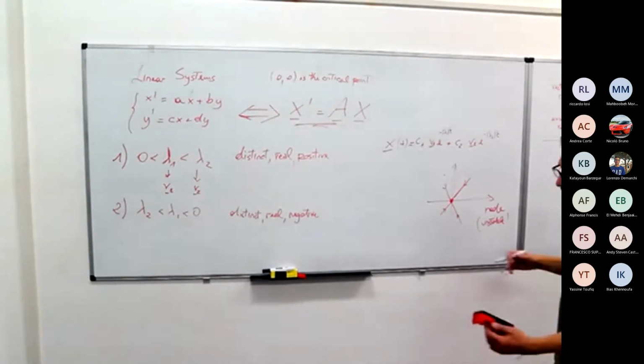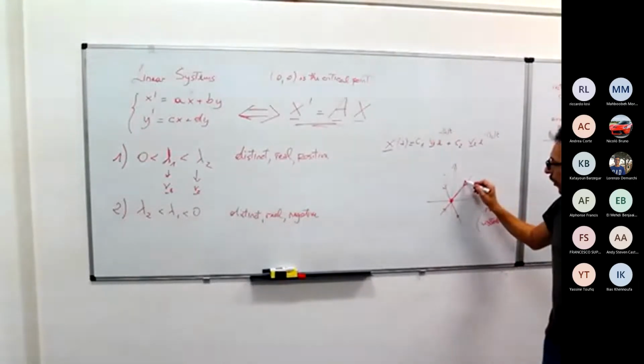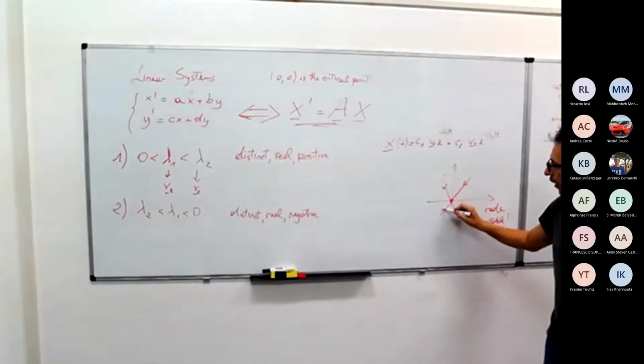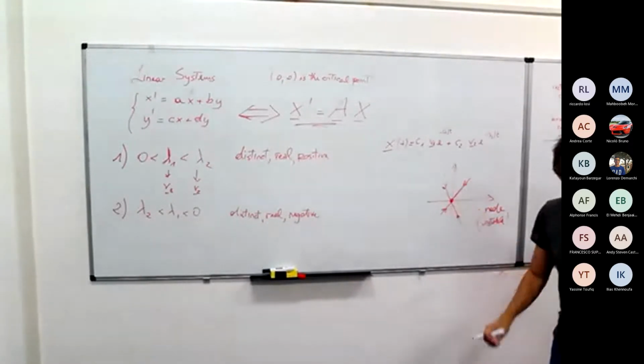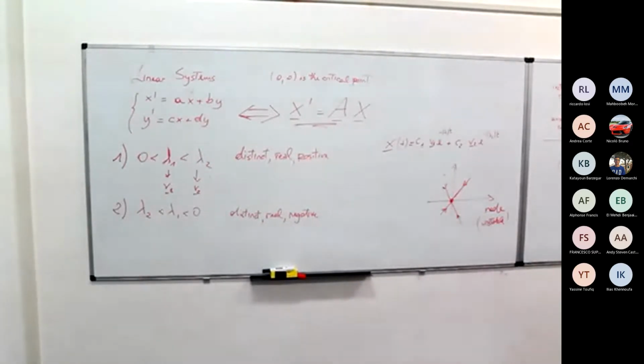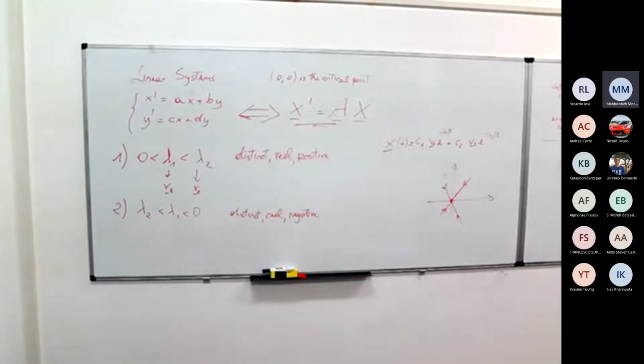So this basically means that as time goes by, the orbits are approaching, in an infinite amount of time, the critical point. So what's the nature of the critical point? It's stable.